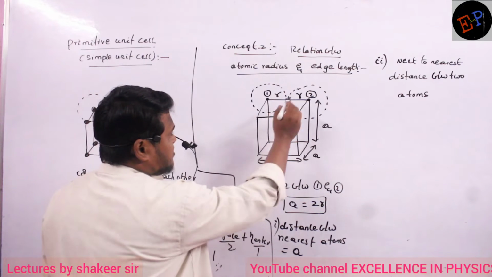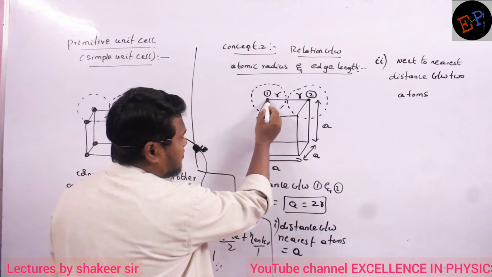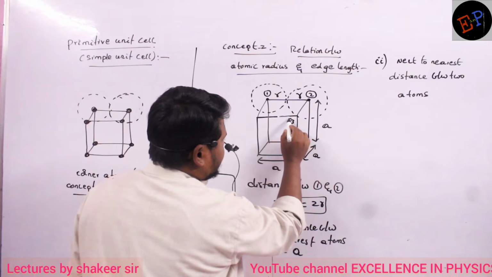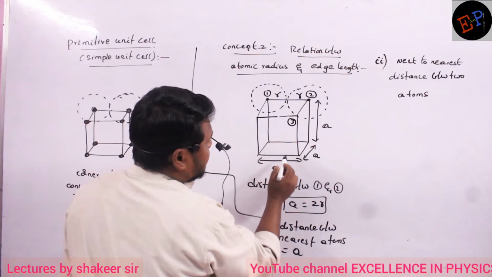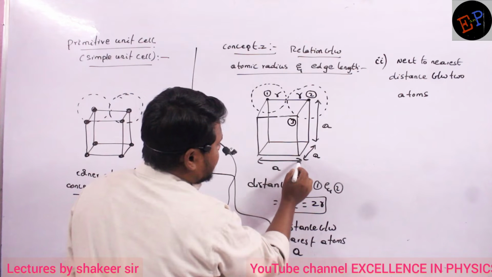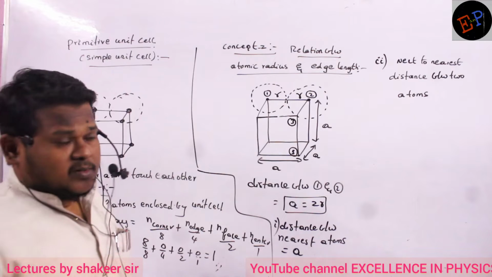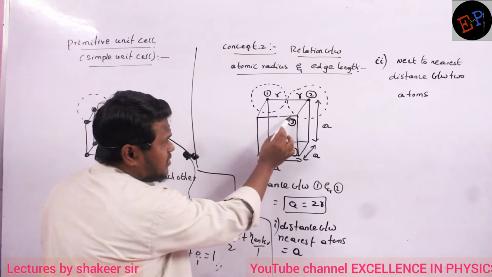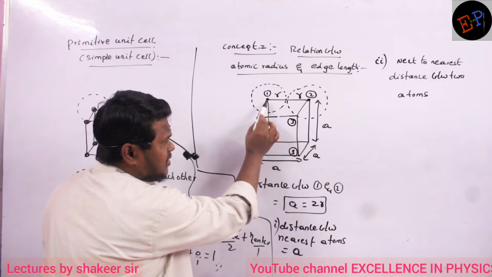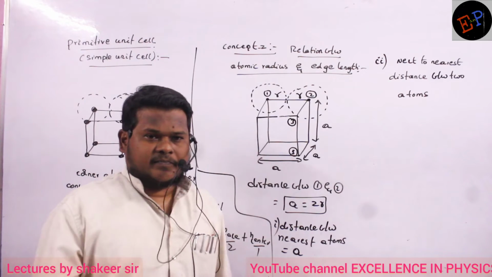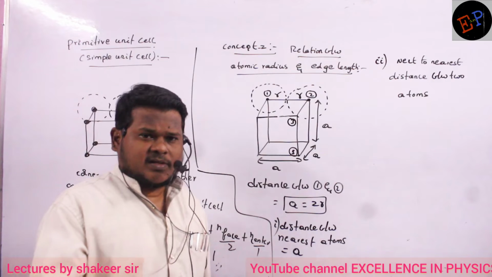Let us call this point 1, this 2, this 3, and this one the 5th point. If I draw a line between 1 and 3, will it become a face diagonal or a body diagonal? That is a face diagonal, no?